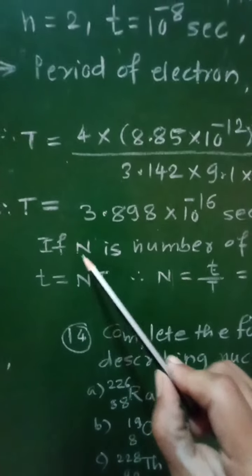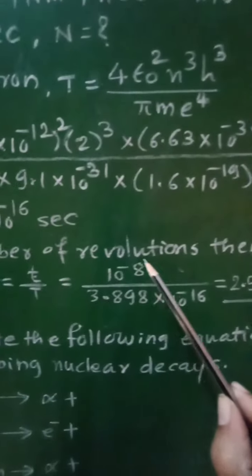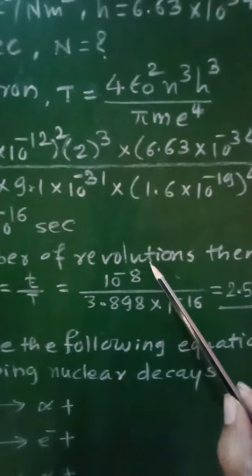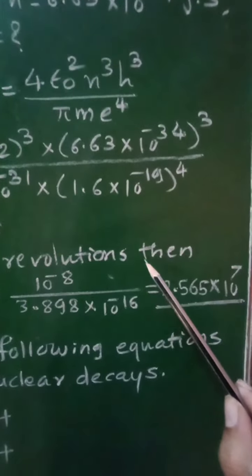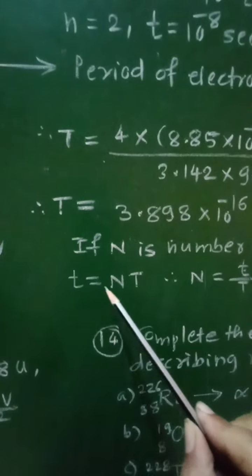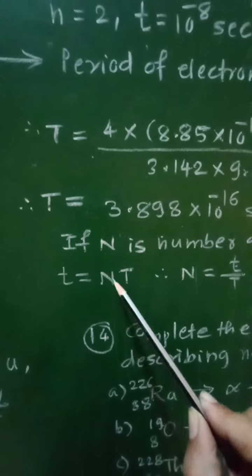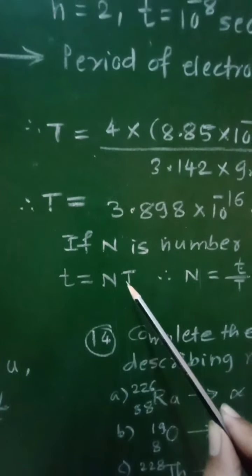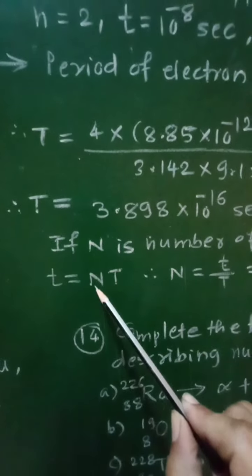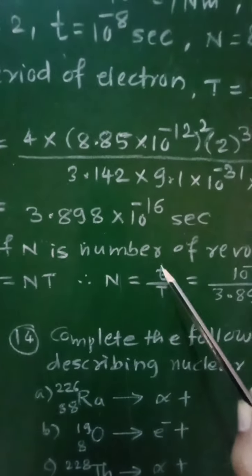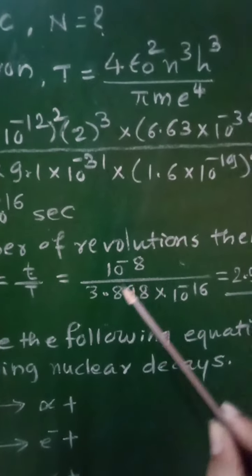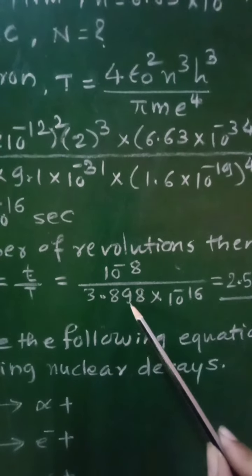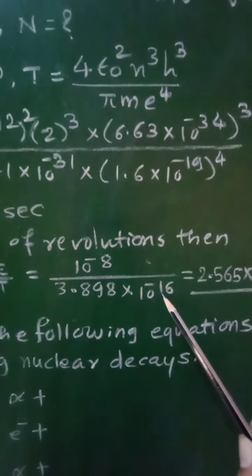Now if capital N is the number of revolutions which takes place in time interval 10 raised to minus 8 second, then we can write that time interval t is equal to N into T, that is number of revolutions into period, and therefore from this the number of revolutions N will be equal to t by T. Putting the values we will get 10 raised to minus 8 divided by 3.898 into 10 raised to minus 16.